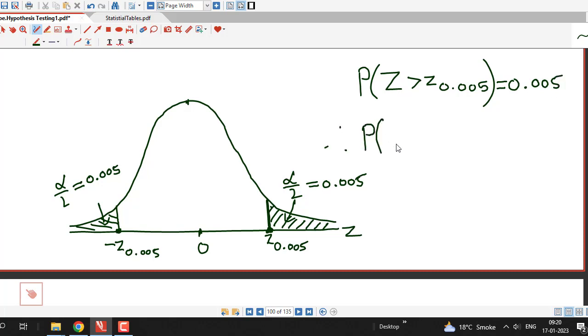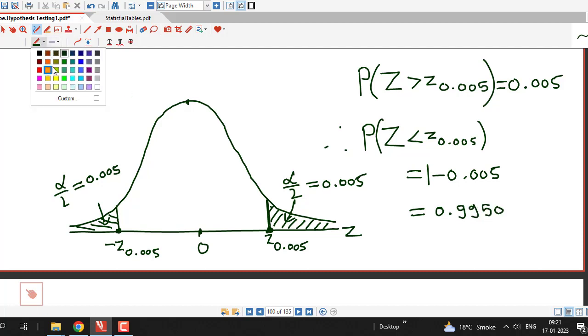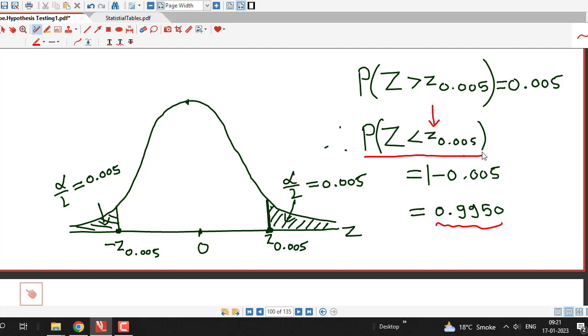Therefore, the area to the left side is equal to 1 minus 0.005, and that turns out to be 0.9950. And using standard normal table, we have to decide the value of this z suffix 0.005 such that we obtain this probability equal to 0.9950.